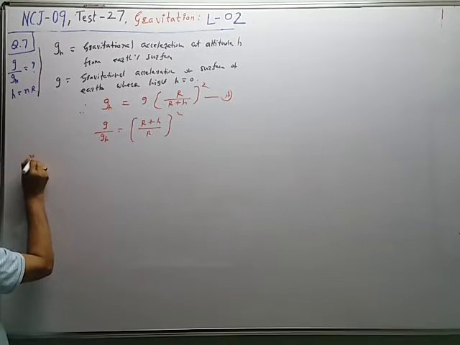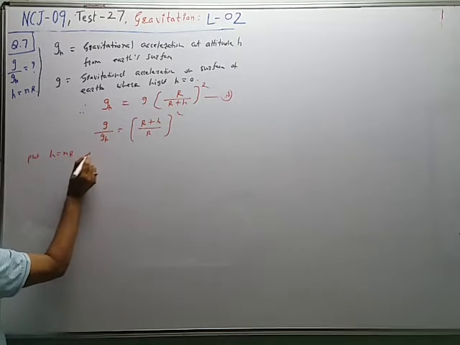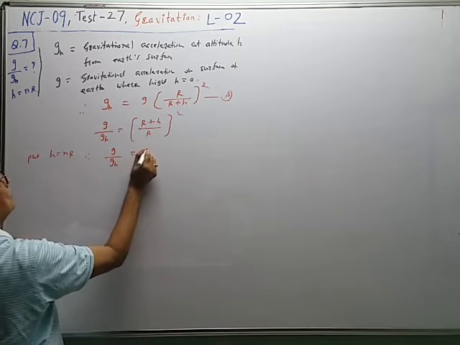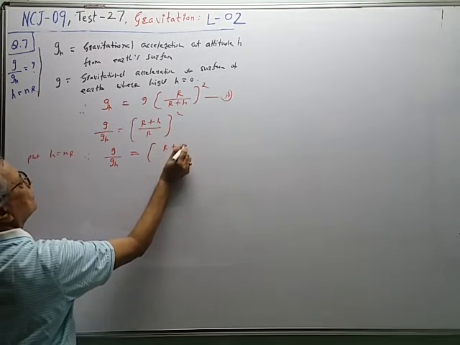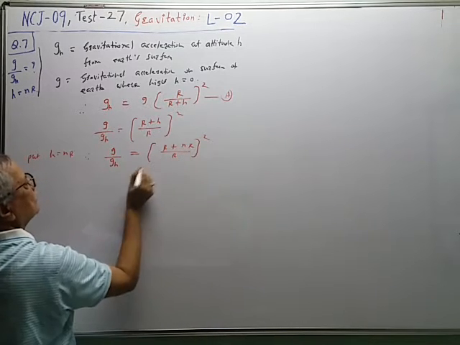Put h is equal to n times r. Therefore, g upon gh that we have to find is equal to r plus nr upon r whole bracket square.